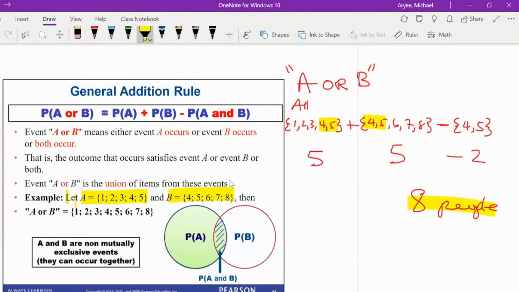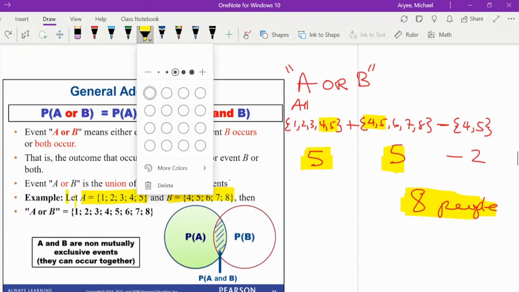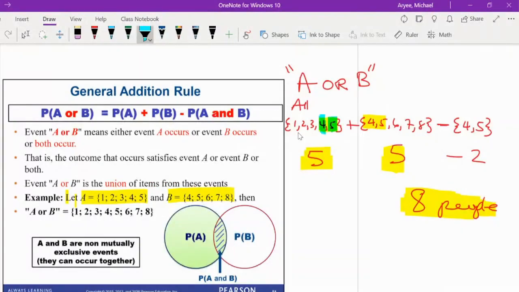If you want to order pizza for this group of people, you're going to order only 8 pizzas, not 10. This individual and this individual are the same individuals here, so you subtract 2 because they've been double counted.